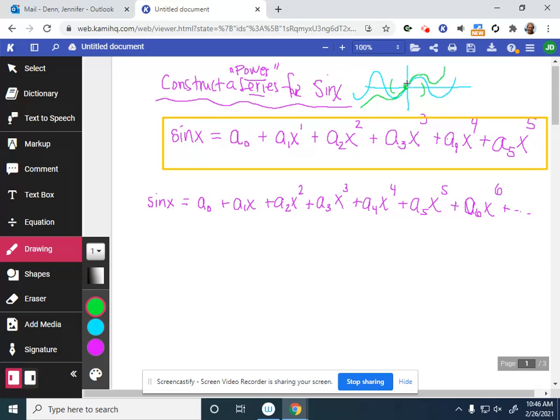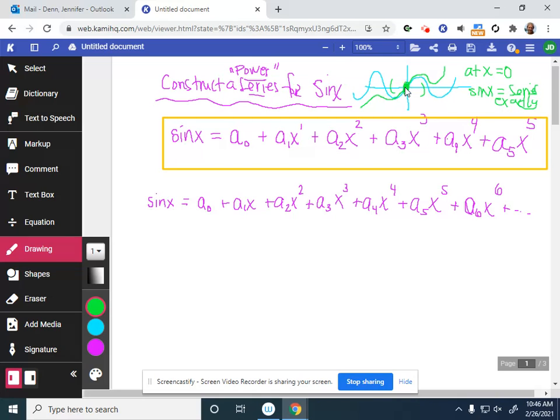Well, the strength of that matching is the strongest at the center of the interval of convergence. So let's say we only know that these will converge from -1 to 1 or whatever. The center of that interval of convergence is going to be at x equals 0. So right now, at x equals 0, sine of x is going to match its series exactly.